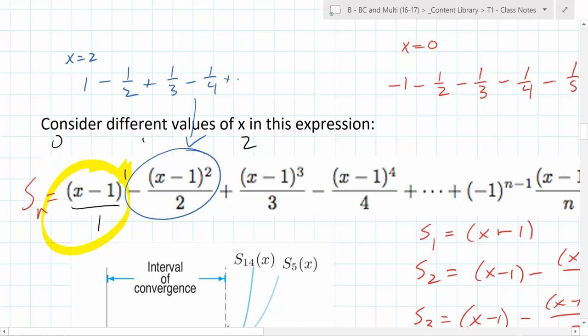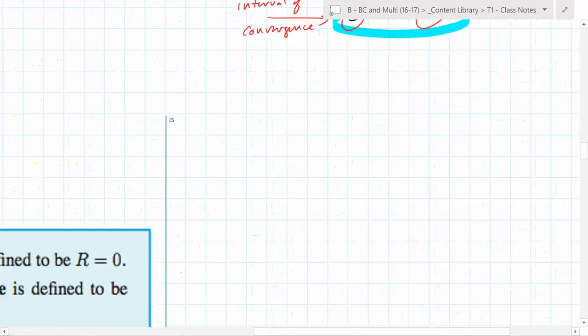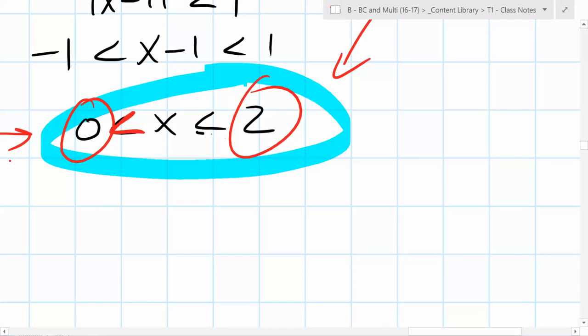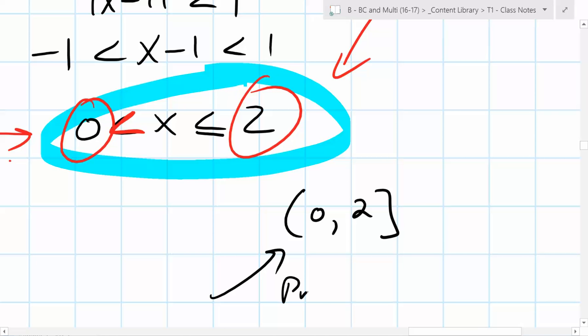So what is this? It's the alternating harmonic series. Does that converge? Yes. So we need to change something here, the sign. This includes 2, right? So it's open on 0 and closed on 2. This right here would be the proper interval of convergence.